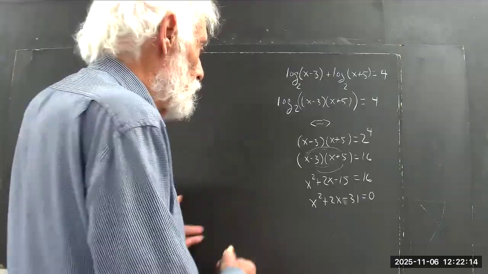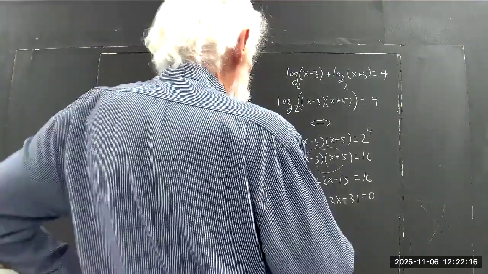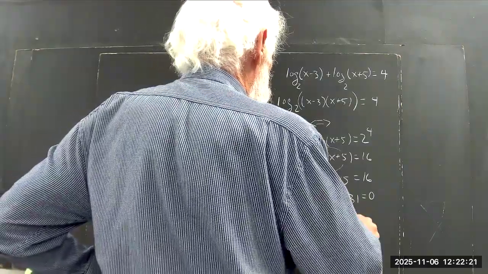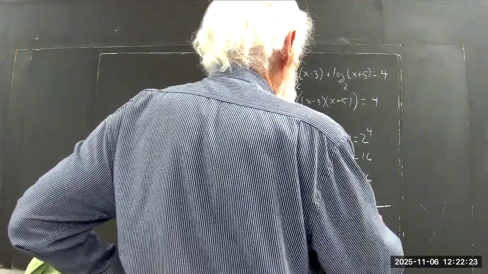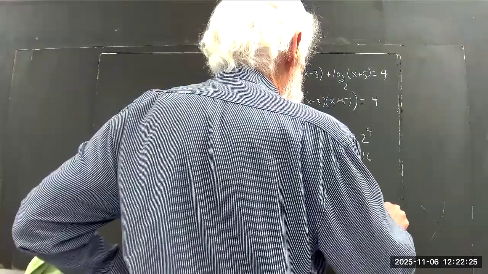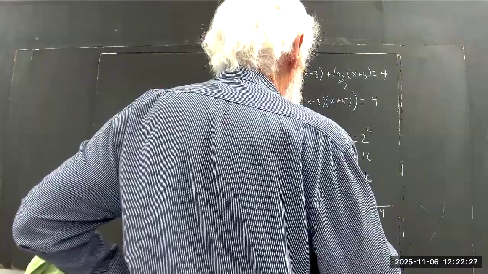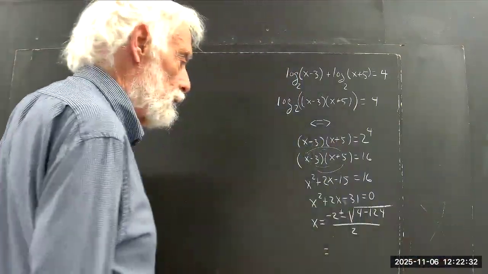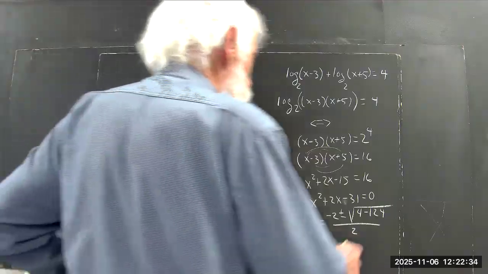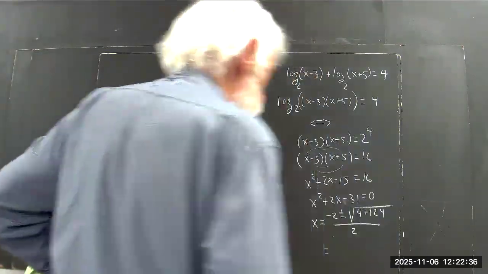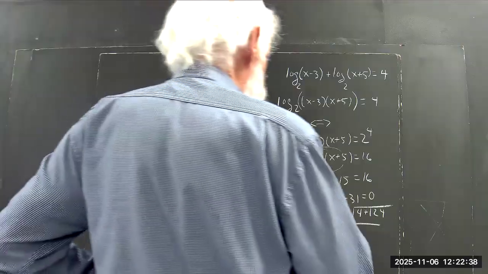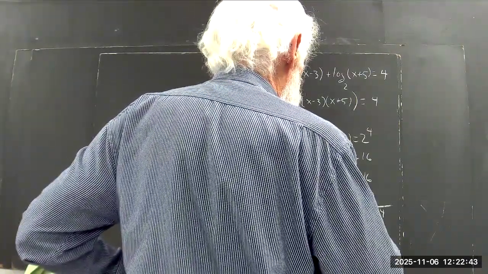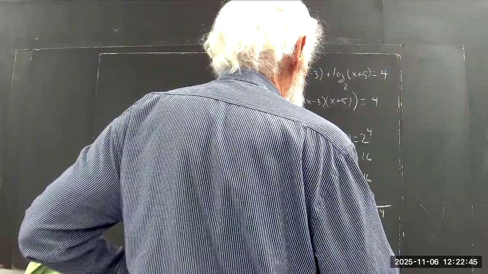That's how you derive the quadratic formula. Okay, so we get x equals -2 plus or minus the square root of 4 minus 124, all divided by 2. I'm skipping steps here because I assume you know how to use the quadratic formula. And I said minus 124, it's plus 124. Okay, and that's -2 plus or minus the square root of 128, all divided by 2.